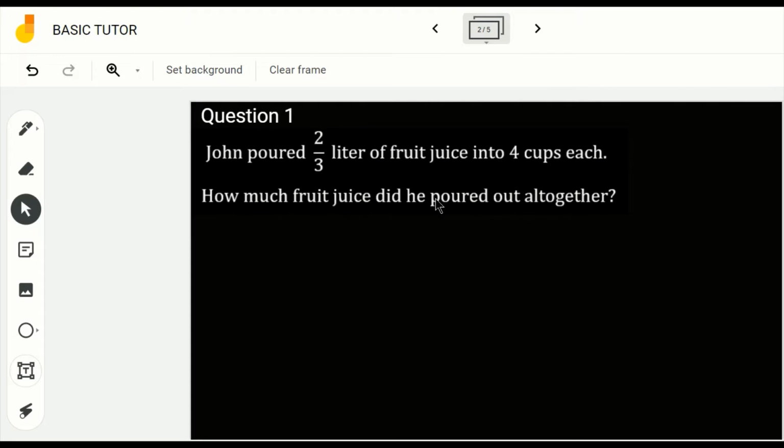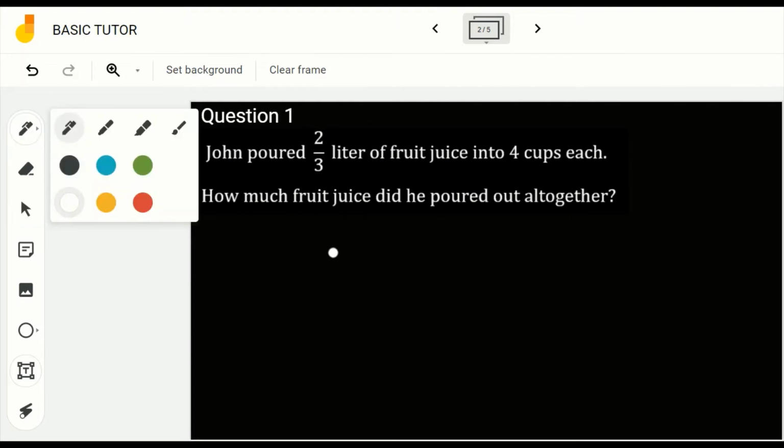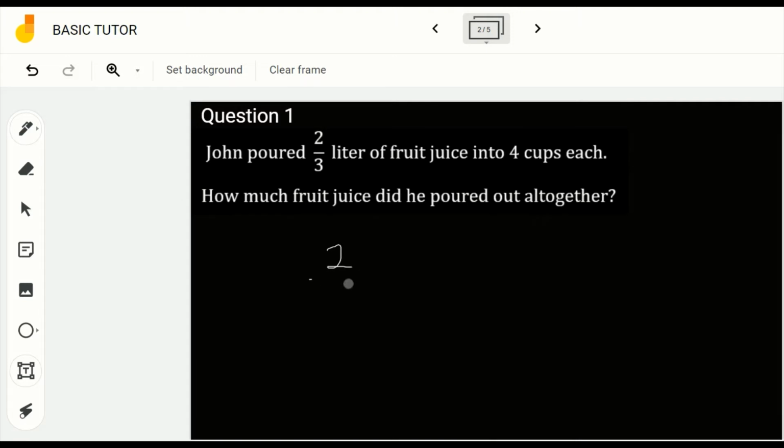So we can say that 2/3 of the liter times 4. That's it. So step 1, I have to understand the problem. Step 2, I plan out what to do. In this case, I have to multiply the liter of the fruit juice by the number of cups.